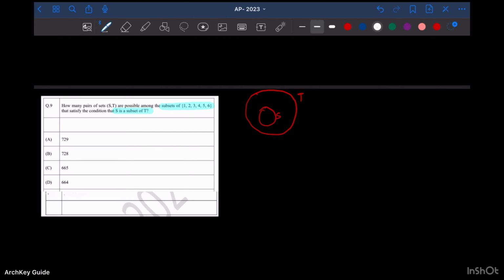So there can be numerous possibilities. Let's just start with one. For example, if I have 1, 2, 3, 4, 5, and 6, I'll just write them.